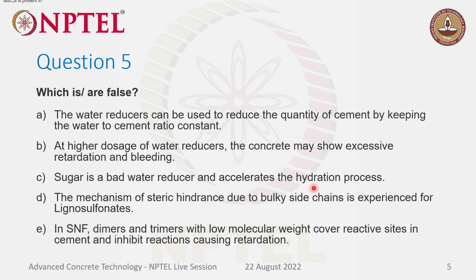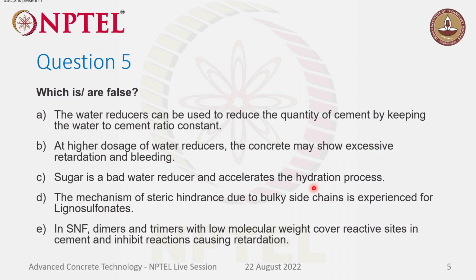I think sir has explained in class that sugar is added to the concrete mix in a truckload if there is some delay in delivery, but it has a disadvantage because it will cause retardation. I just told you what was explained in class as well. So just think whether option C is true or false.